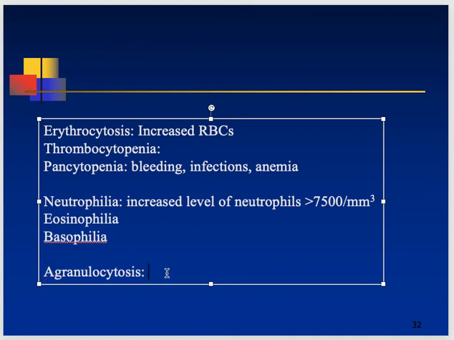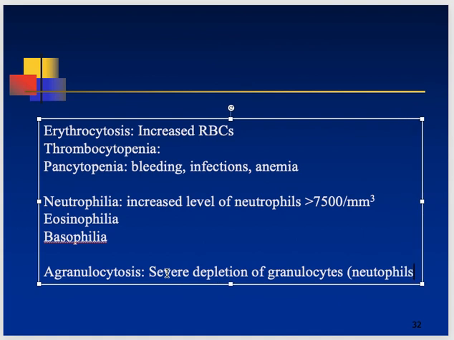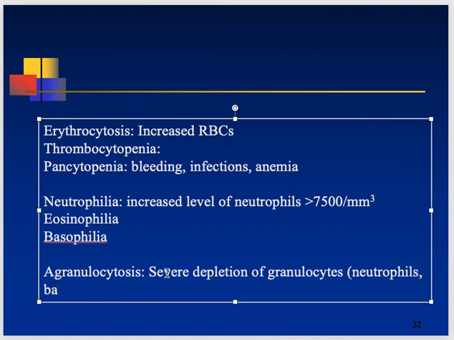So basically, agranulocytosis is a severe depletion of granulocytes. And what are granulocytes? Neutrophils, basophils, as well as eosinophils. So these are basically granulocytes.